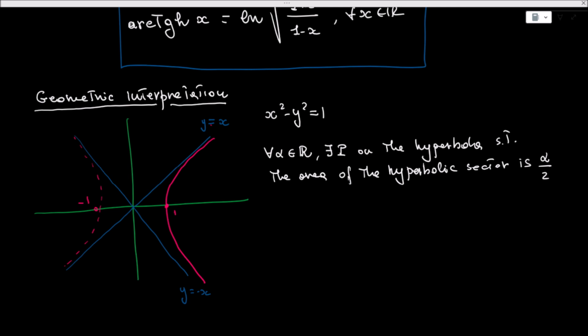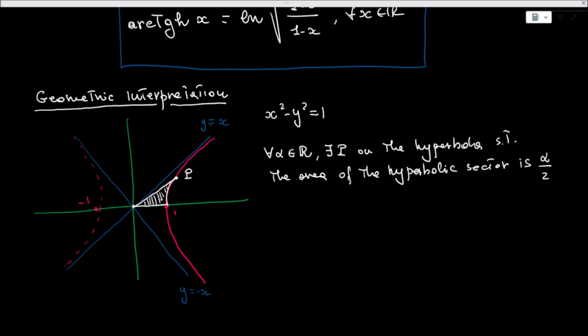So let me explain what I'm saying. For every real number alpha, I can identify a point P on the hyperbola such that the hyperbolic sector has area alpha divided by 2. What is the area of this hyperbolic sector? You just need to connect the origin with the point P and then consider this area.